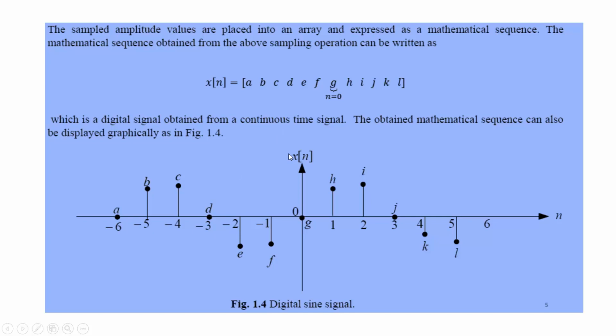If you plot the discrete sequence in this graph, x[n] is the discrete sequence and n is an integer value. So this is 0, 1, 2, 3 up to 6, and minus 1, 2 on the negative axis. These are the sample values. This is the representation of the digital signal obtained from sampling the sine signal.